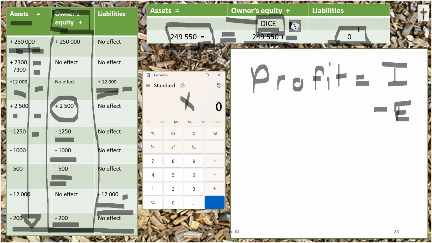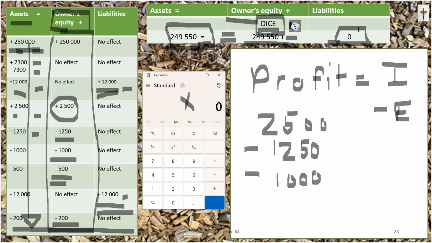And if I said income 2,500 minus cost of sales 1,250 minus 1,000 for insurance minus 500 for drawings minus 200 for bank charges, we will get either a profit or a loss just looking at these transactions.